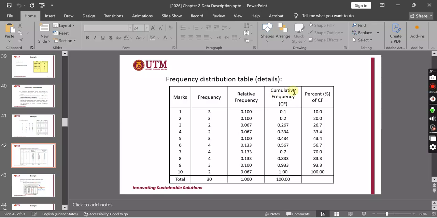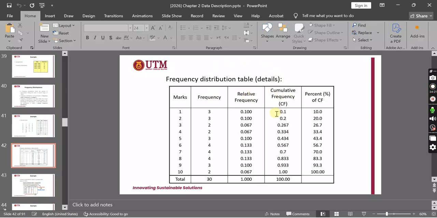Cumulative. How can we find the cumulative frequency? We said that the first cumulative will be the first relative frequency. This is cumulative frequency for relative. Also we have cumulative frequency for frequency.